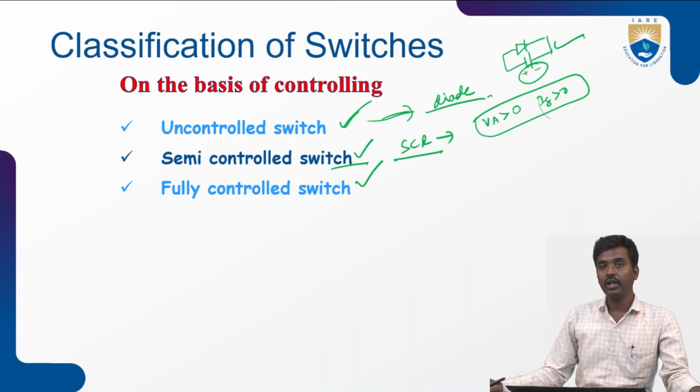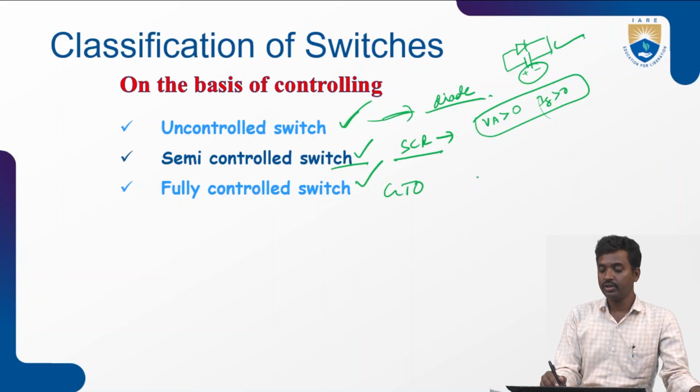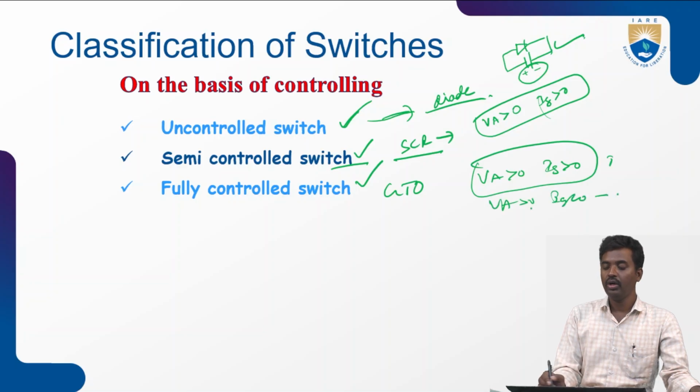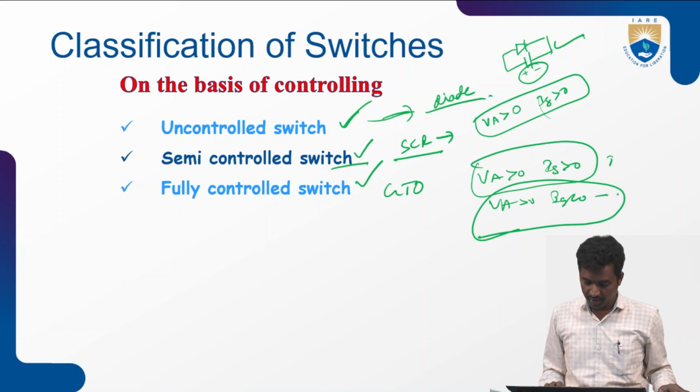What do you mean by fully controlled switch? A fully controlled switch is a GTO, which means gate turn off device. When VA is greater than 0 and IG is greater than 0, it will turn on. When VA is greater than 0 and IG is less than 0, we can turn it off. Turn on and turn off are in our hand.